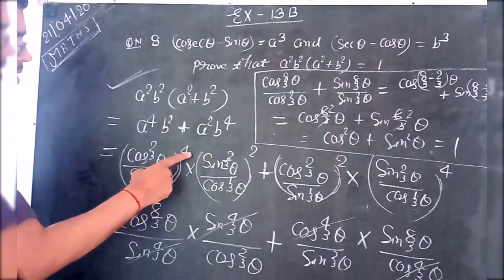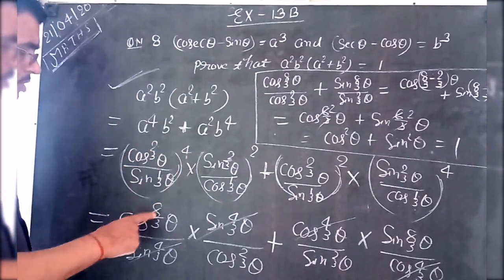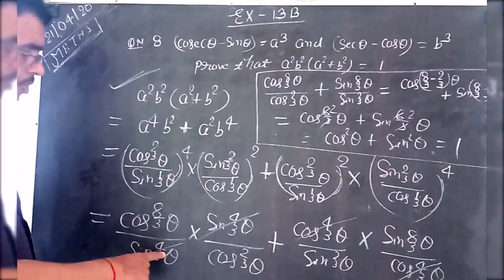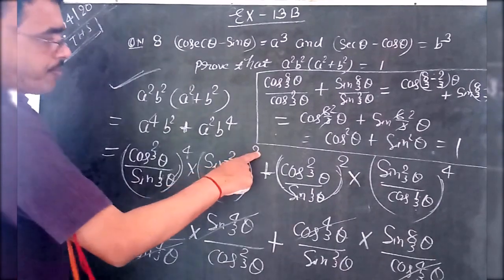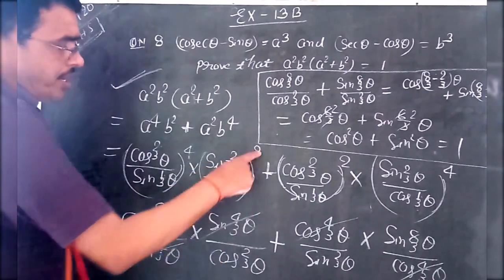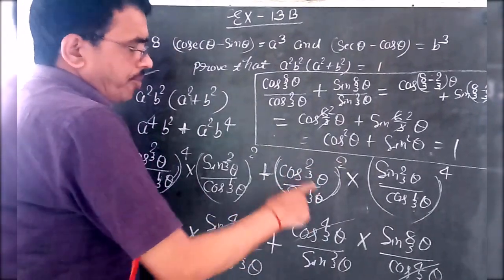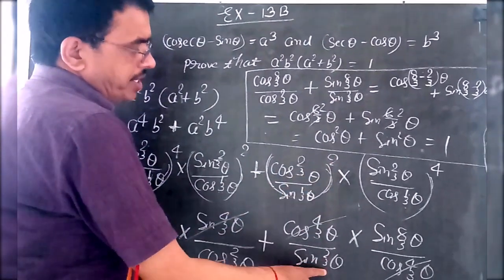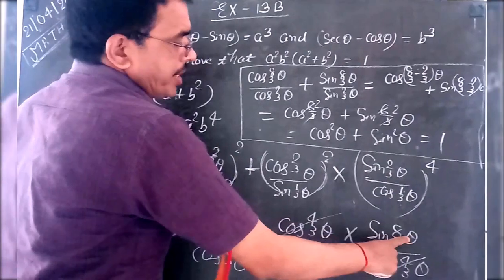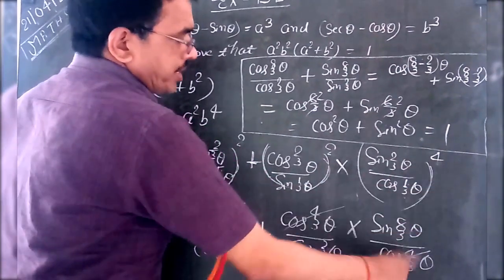What do you get? The power to the power multiply, so it is 8 by 3 and it is 4 by 3. Here power to the power, then 4 by 3, it is 2 by 3. Similarly here it is 4 by 3 theta and it is 2 by 3 theta. Here 8 by 3 theta and here is 4 by 3 theta.